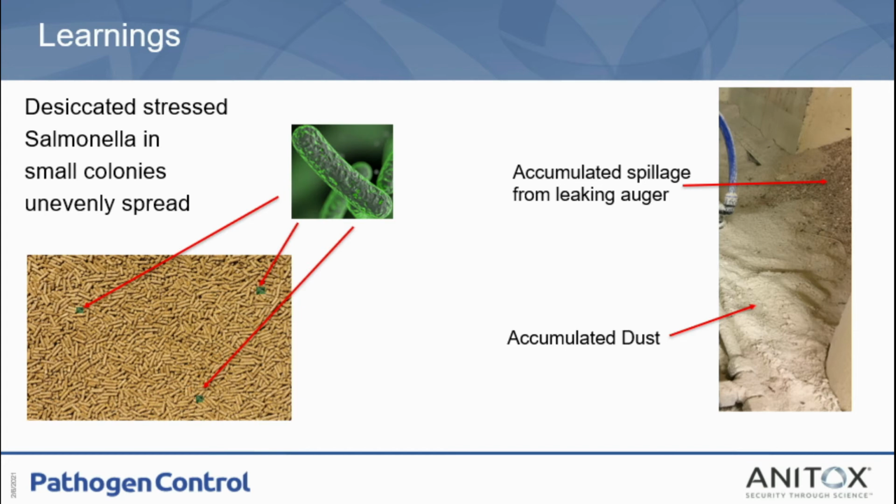Salmonella become desiccated in feed, which stresses them. Some serotypes recover more quickly and so proliferate faster in pre-enrichment or in enrichment. And we saw variation depending on the type of media used in the earlier slide.